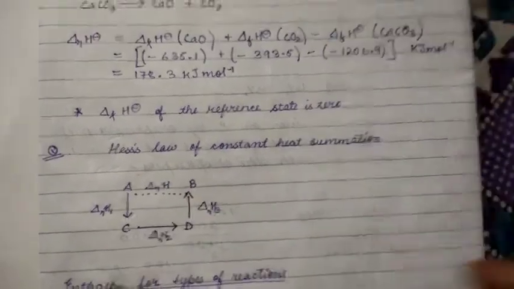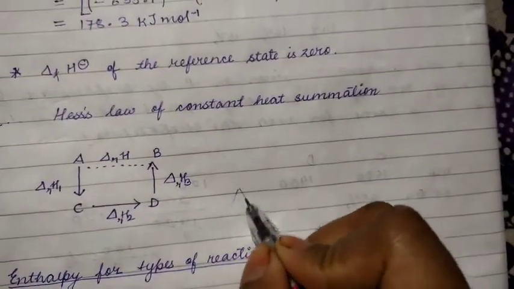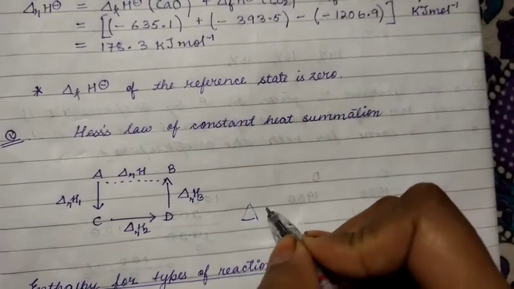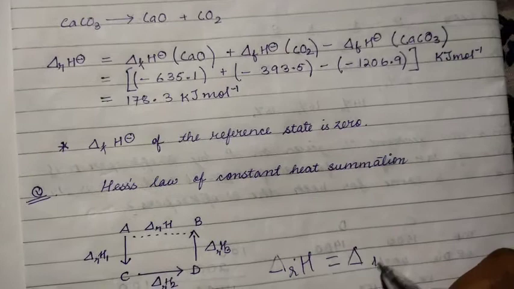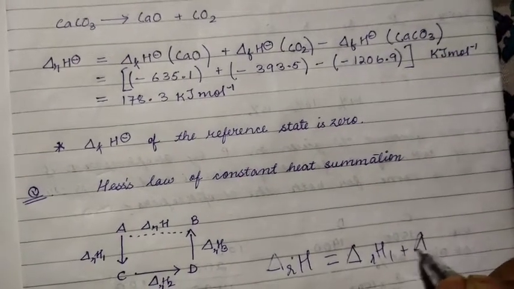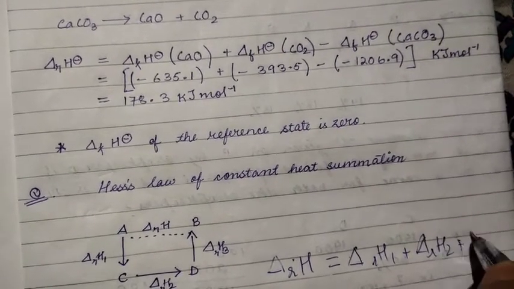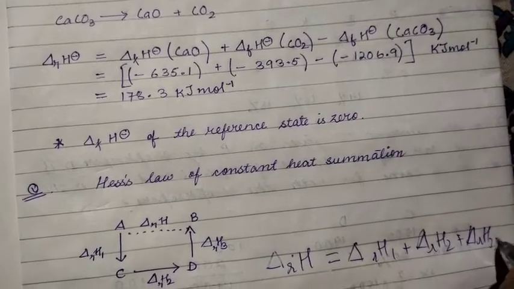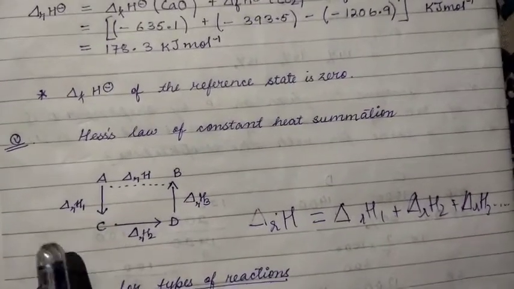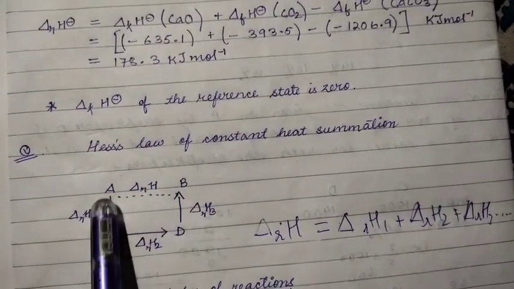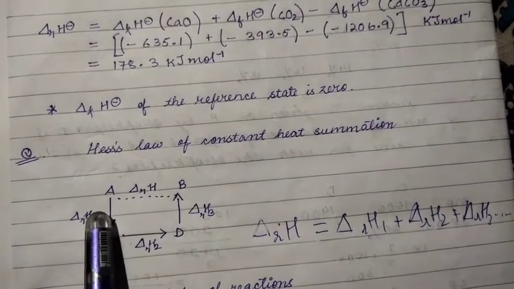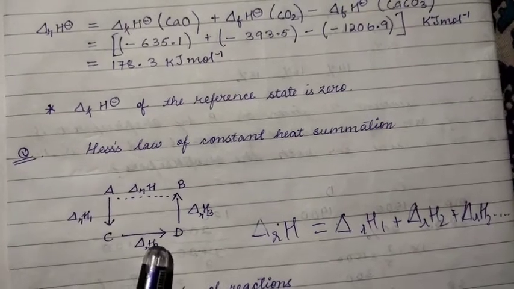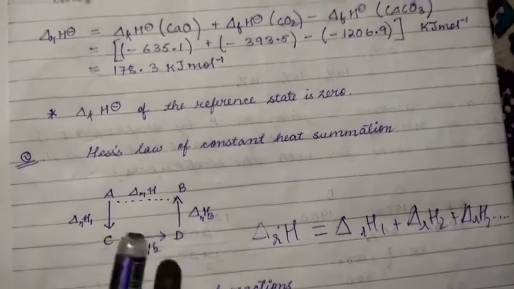Then we will take delta rH equal to delta rH1 plus delta rH2 plus delta rH3 and so on. Is it clear? So if a reaction is occurring in several steps, then the overall reaction enthalpy is equal to the sum of the enthalpies of the intermediate reactions.